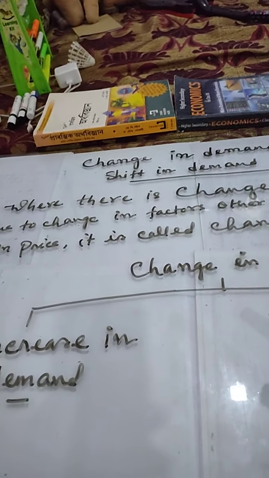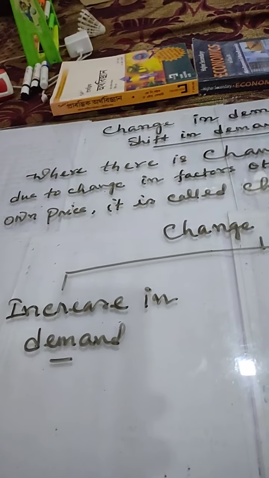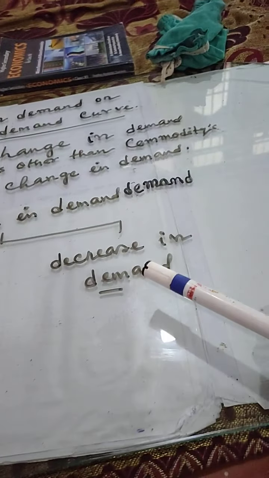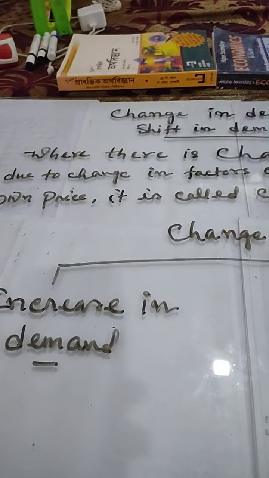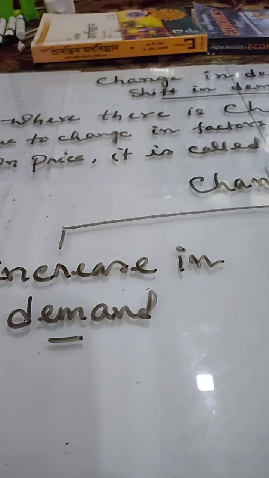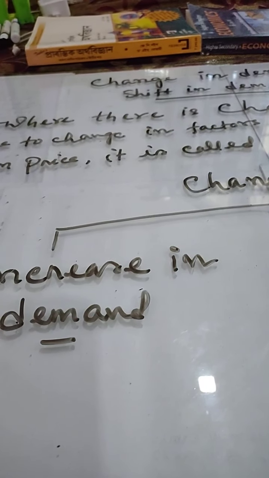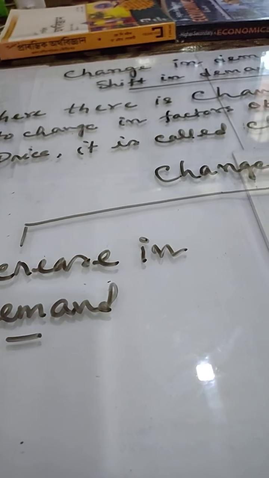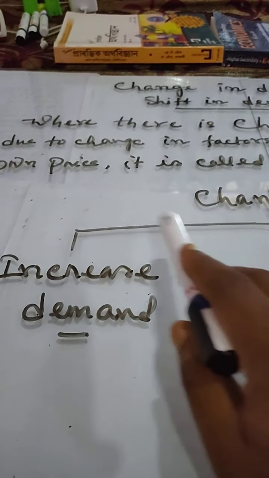As we have discussed, in change in quantity demanded there were also two parts, that is expansion of demand and contraction of demand. Now you see what is increase in demand and what is decrease in demand. When factors like money income, number of consumers, taste and fashion, change in price of related goods increase the amount of demand, it is called increase in demand.